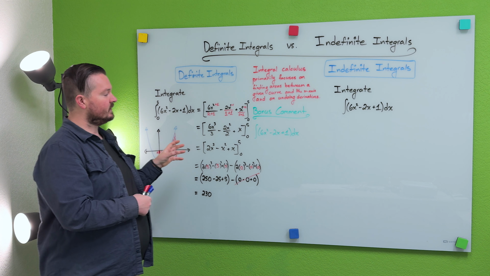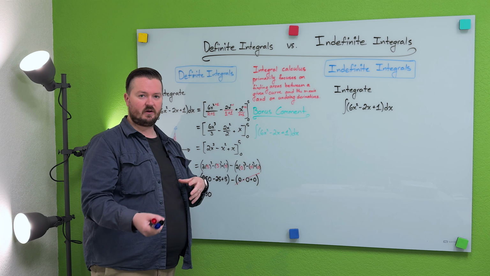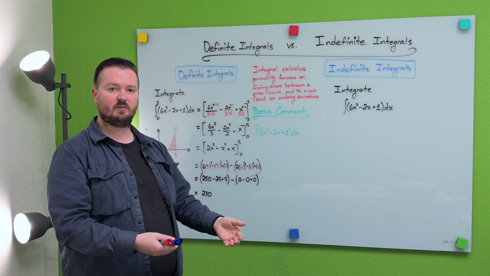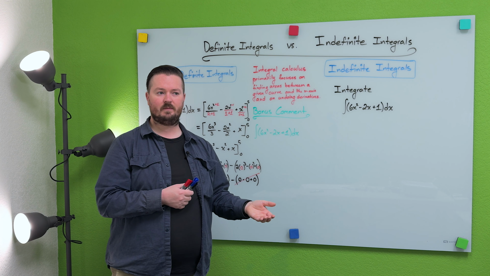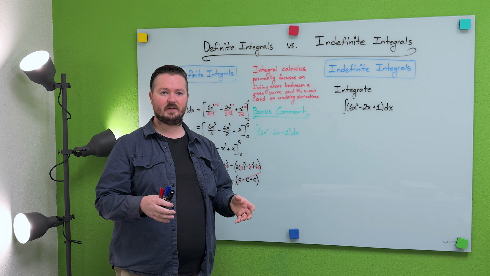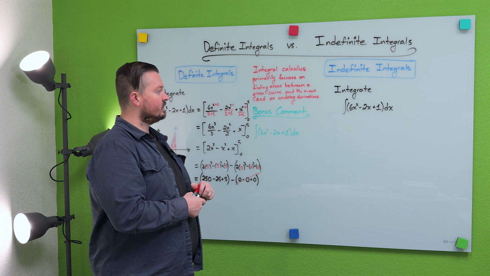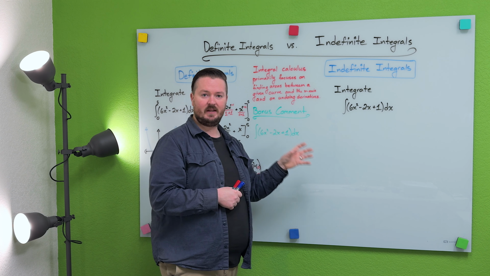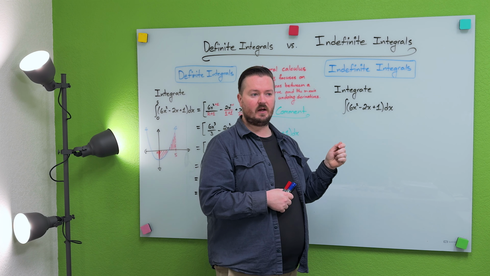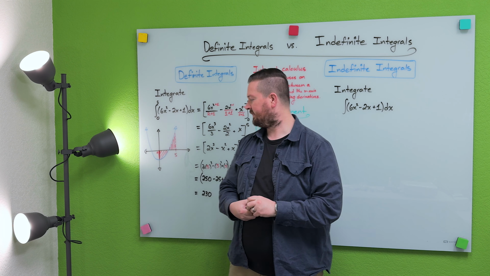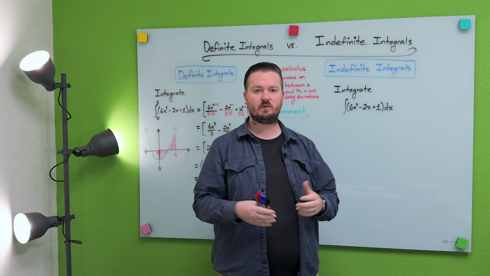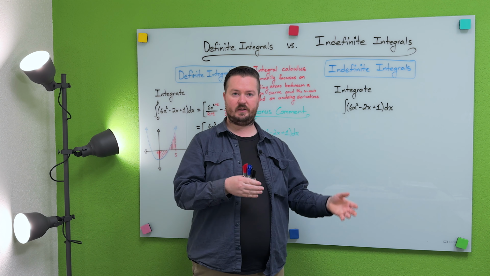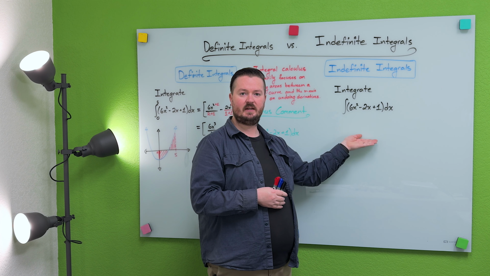Integrals can give you the area between the curve and the x-axis, but what's the other interpretation? An integral is the opposite of a derivative. When you get into indefinite integrals, we are not always concerned with finding an exact area, but sometimes we just want to plain old undo a derivative, and that's where this comes in handy.